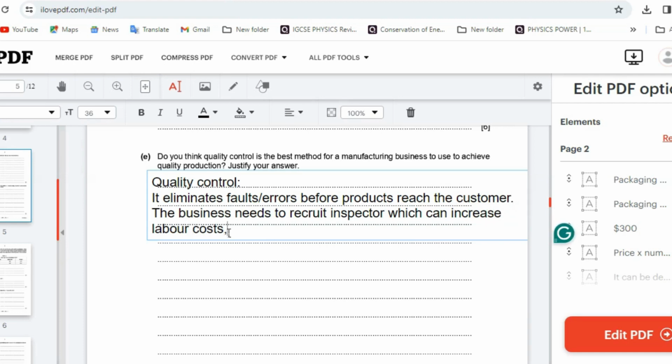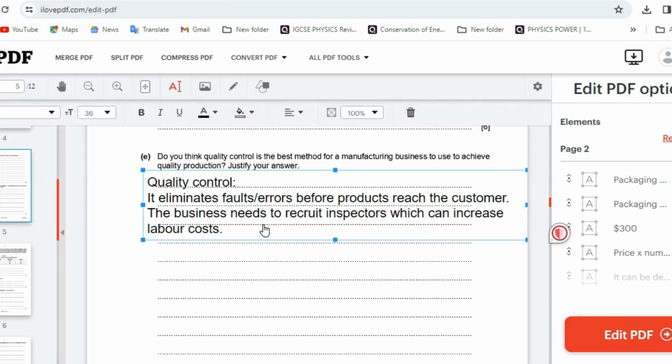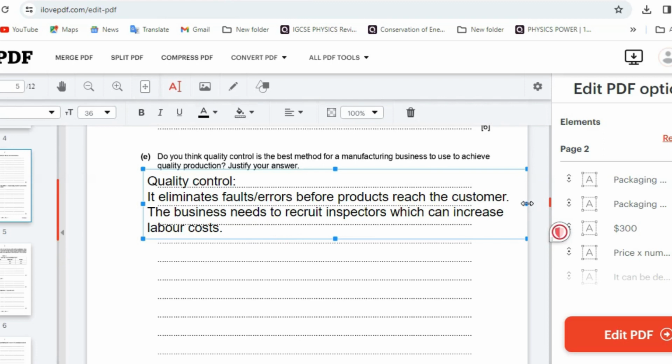And also one of the advantages of using this quality control, let's put it under here too before we move to quality assurance, where we check the product at every stage in production. Of course, it does not stop production while checking. That's also one of the advantages.